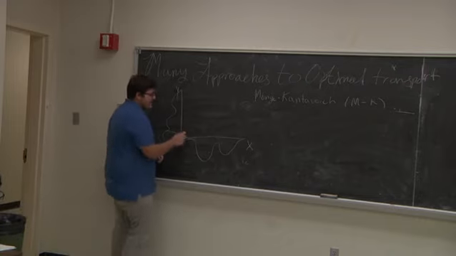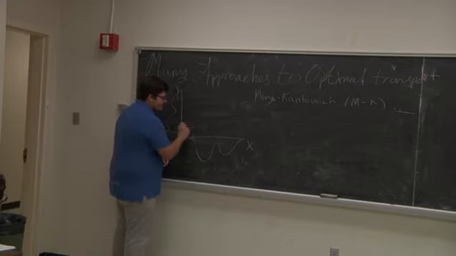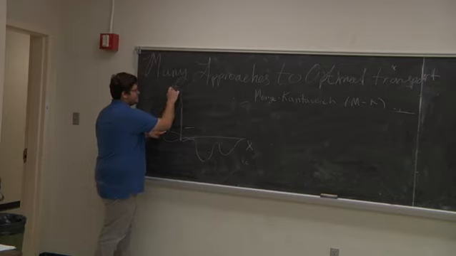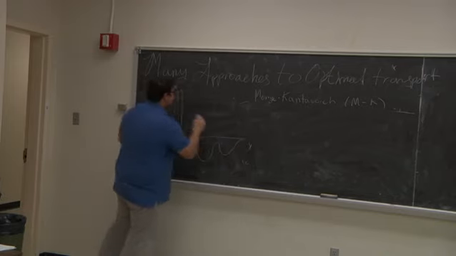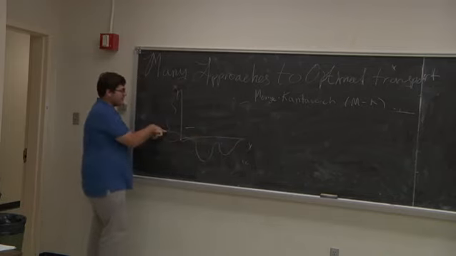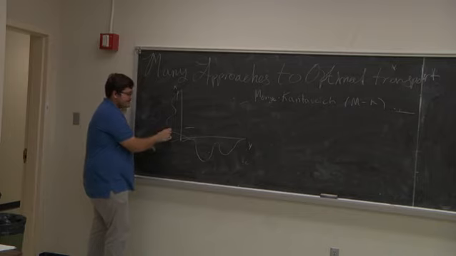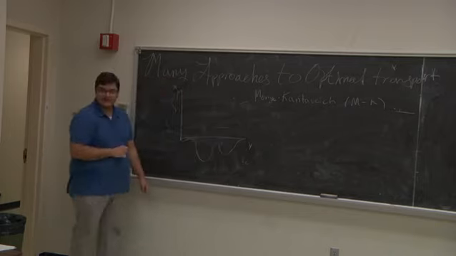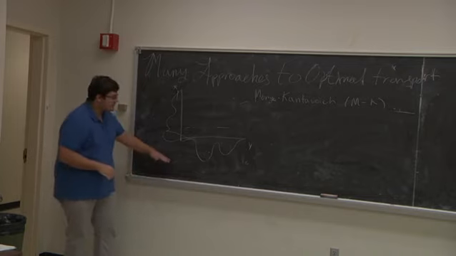Instead, you say that there's a certain amount of mass here. So a certain amount of your mass from x gets sent to this region, and a certain amount gets sent to this region. And you can do this over all of x.